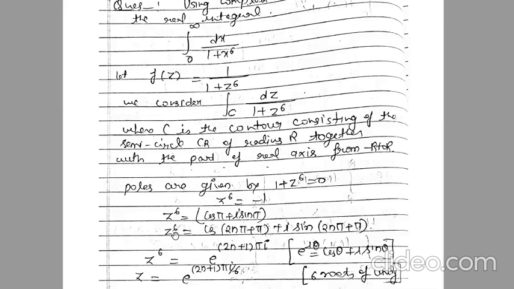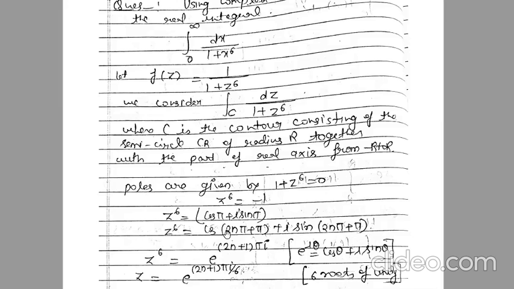Right? Now z to the power 6 is equal to, now this is your nth roots of unity. That means you will write cos 2n pi plus I sin 2n pi, and plus pi. 2 pi means 360 degrees, so 2n pi and pi, the angle will be the same, no change.